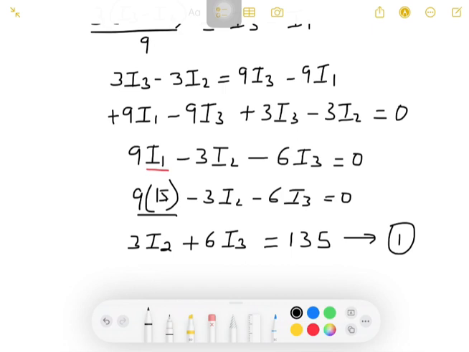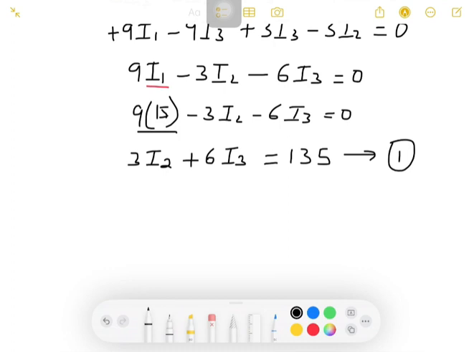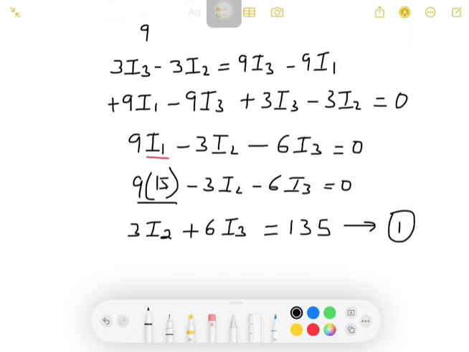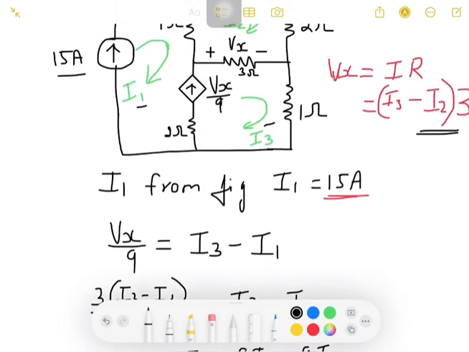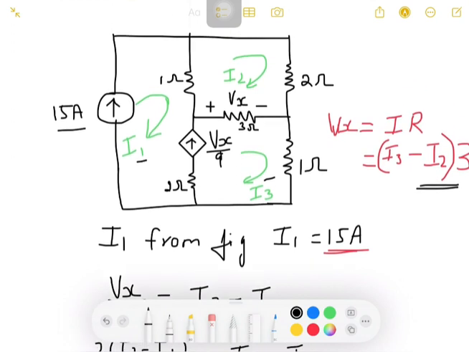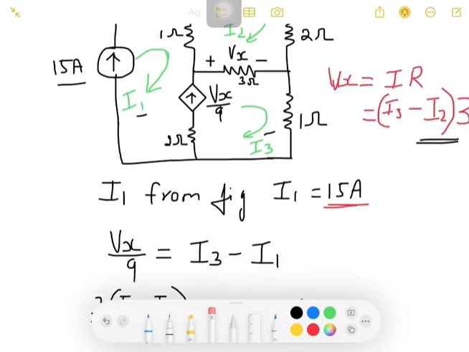So let us apply KVL for the rest of the loop. There is one more loop which is left out here, this loop. I will apply the KVL for this loop.